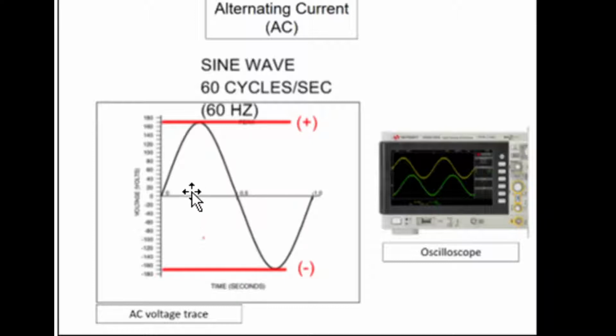So if the average is 120, it must be the maximum is higher than that. Well, in fact, it goes from 0 to plus 170, back to 0, negative 170, and then back to 0. It makes one complete cycle, and one cycle per second is called a hertz, and it's doing that 60 times a second. So the common frequency here in the US is 60 hertz.